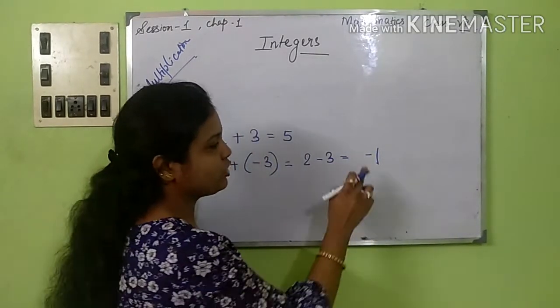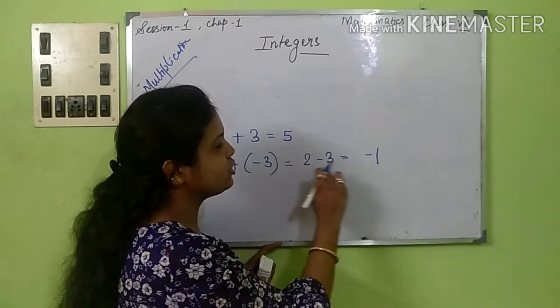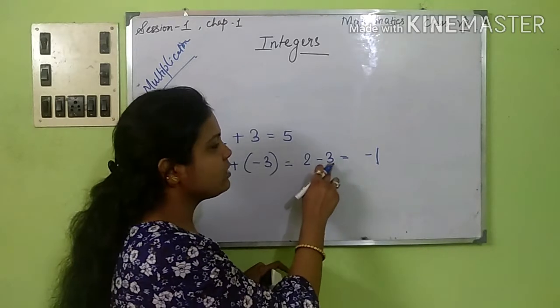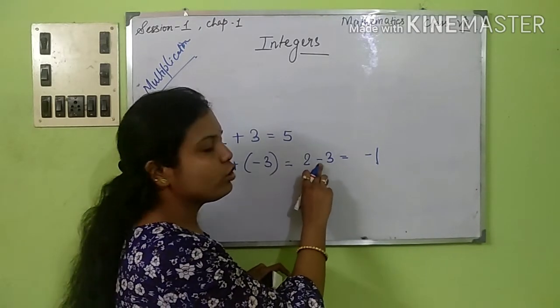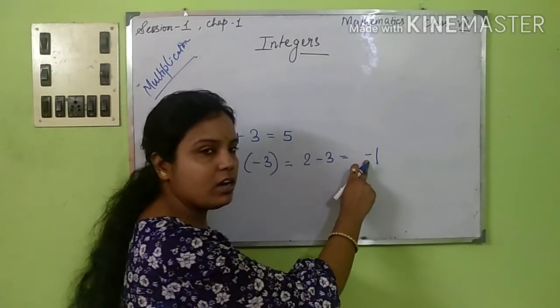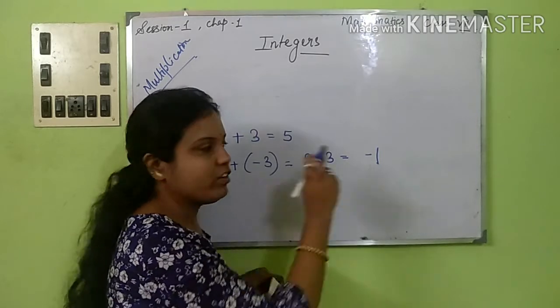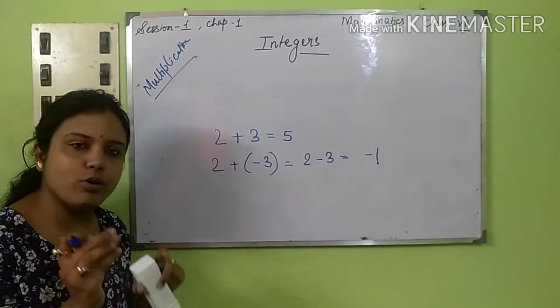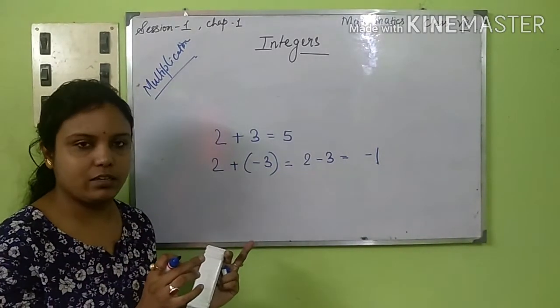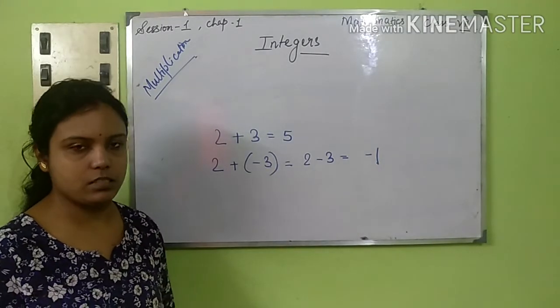Why minus 1? You can see 3 is a greater digit than 2, so what is the sign before the greater digit? It is minus, so the whole answer will carry the sign minus. Whichever digit is greater, you have to see the sign beside it, and you have to put that sign in the answer.